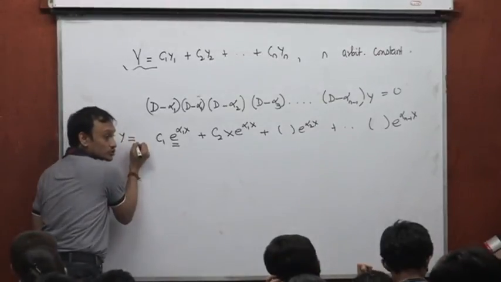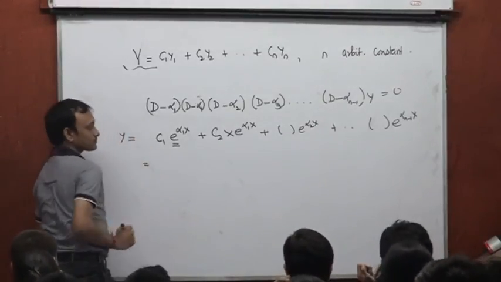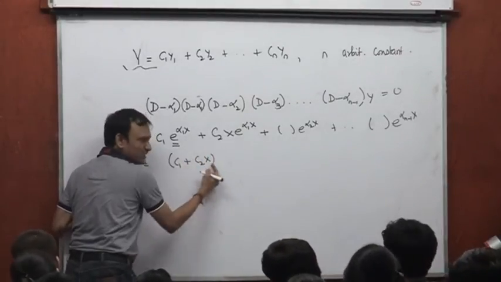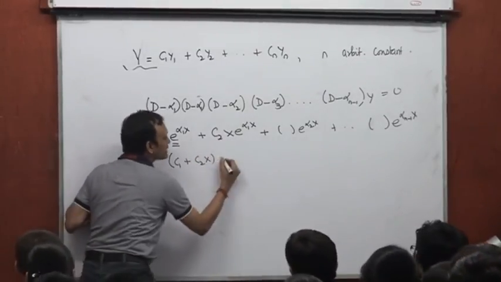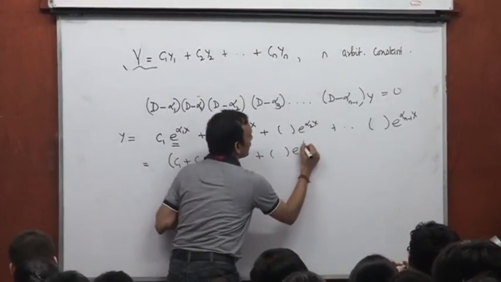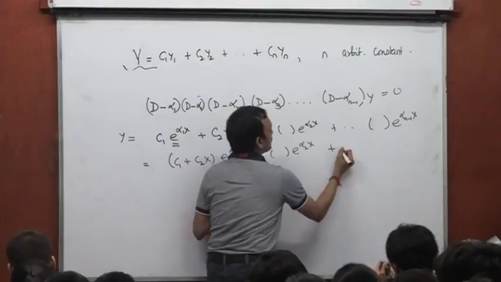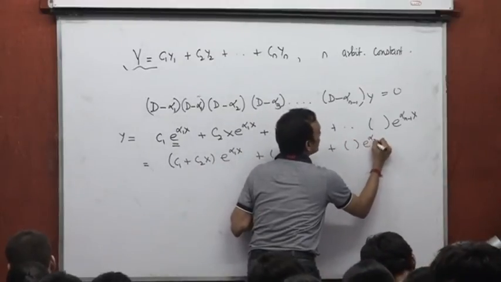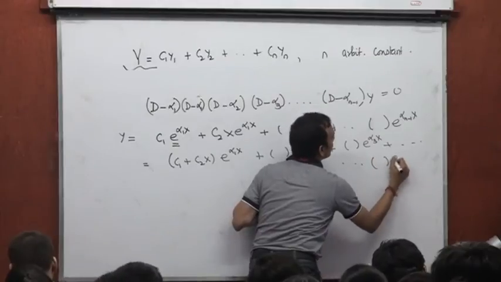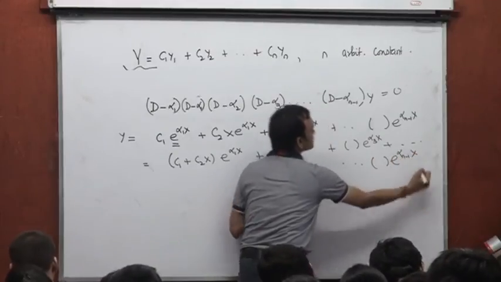This would be the general solution, which could be written as (c1 plus c2 x), and now c1 plus c2 x is not a constant, e^(alpha 1 x) plus something into e^(alpha 2 x) plus something into e^(alpha 3 x) plus an arbitrary constant e^(alpha (n minus 1) x).